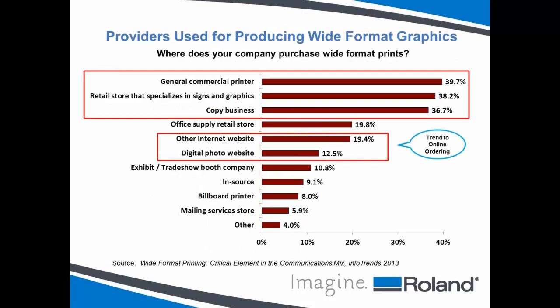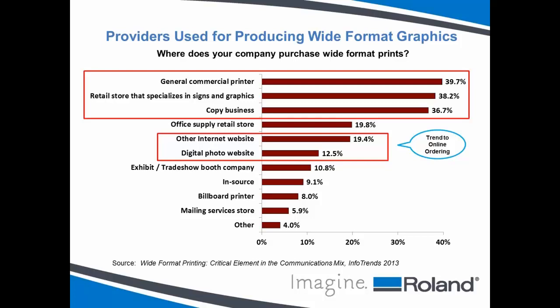Then in turn, InfoTrends asked customers and companies who purchase wide format prints where they buy their prints. There are a couple of interesting things about this graph. In 2011, the sign shops and graphic shops far outweighed anyone else.